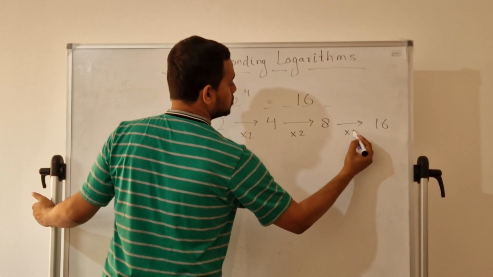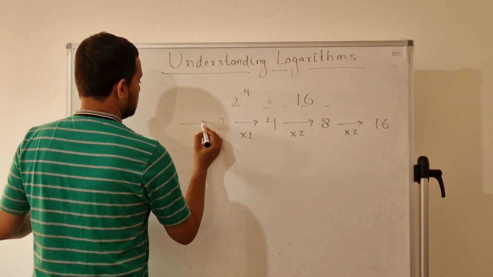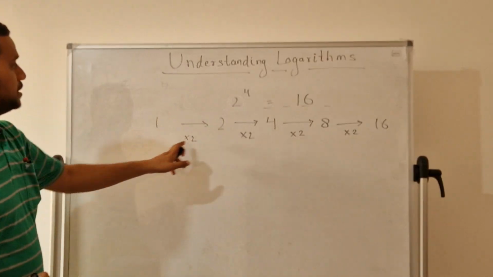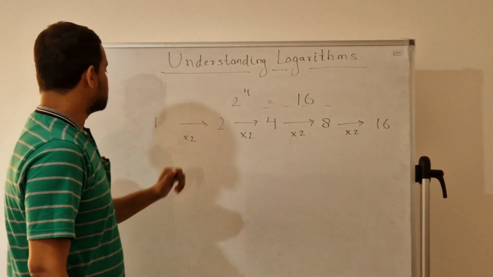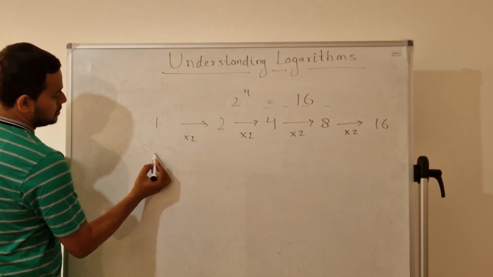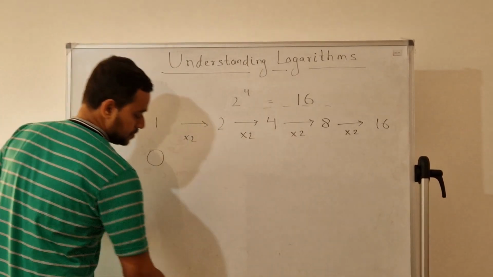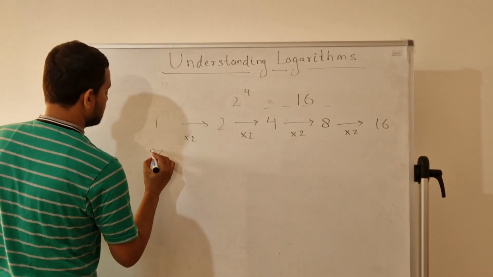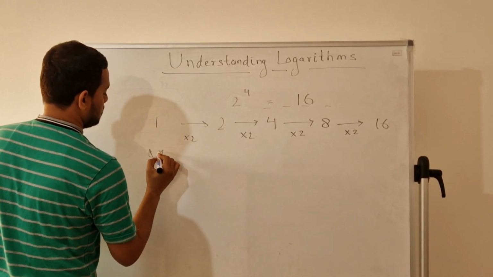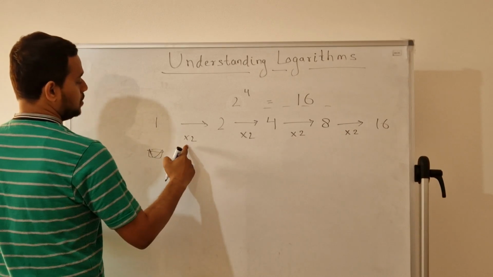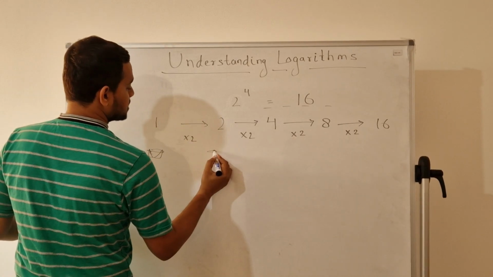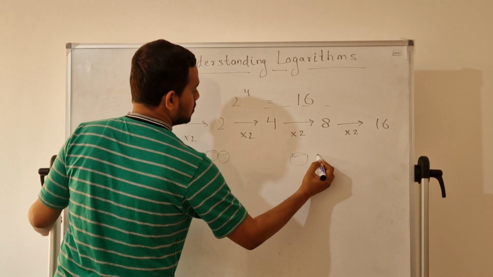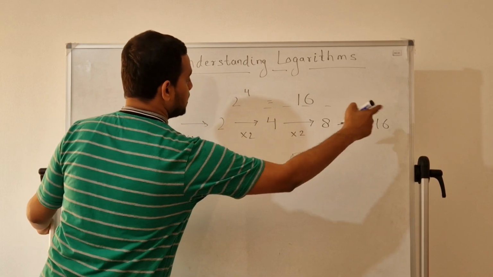You multiply it by 2, you got 16. Initially, this is how it is. What this means is, in a way, if you had a basket to start with, then if you multiply it by 2, you get 2 baskets. Then you get 4 baskets, and 8 and 16 and so forth.